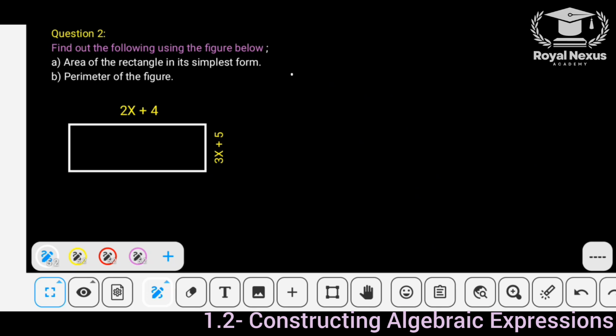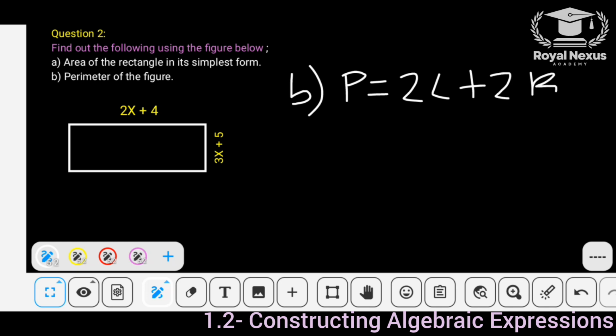Part B is asking us to find out the perimeter of this figure. And for a rectangle, the formula for perimeter is 2 times length plus 2 times breadth. So the length is 2x plus 4 and the breadth is 3x plus 5. So we will just multiply by 2 and add the results.